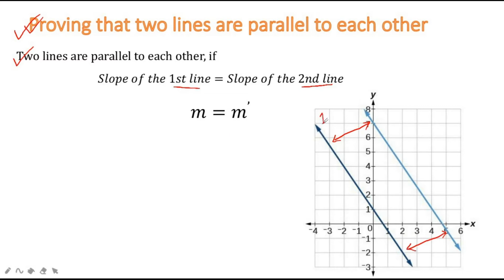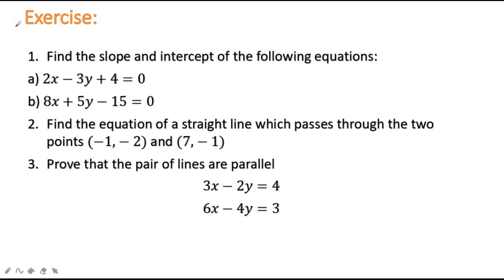If this is the first line, and the slope of the first line is equal to the slope of the second line, then we can say that the 2 lines are parallel. The slope of the first line can be denoted by m and the slope of the second line by m dash. Now let us do some problems related to a straight line and its slope.